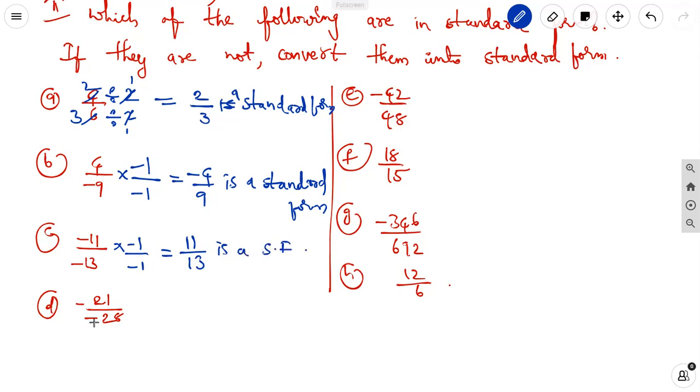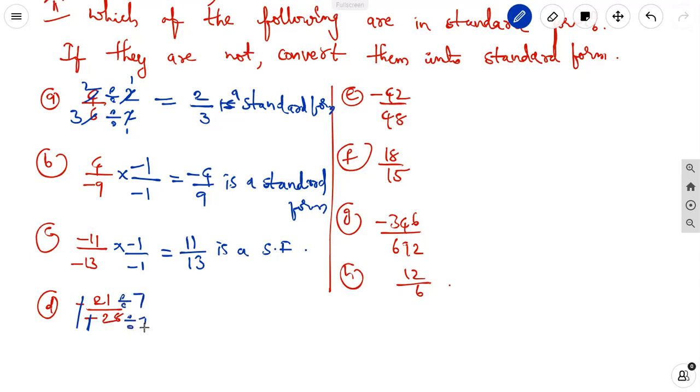Here also, if two minuses are there, both minuses get cancelled. And here 28 is there, 21 is there. You check out which table the two numbers come in. Clearly, I know it: 7 threes are 21, 7 fours are 28. So 21 and 28 both have the common factor 7.